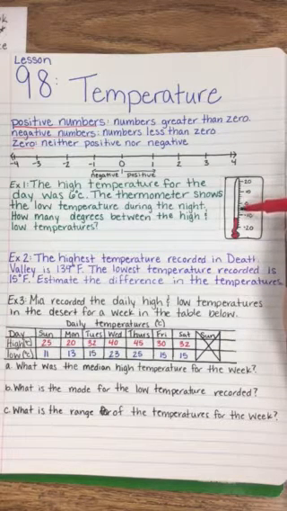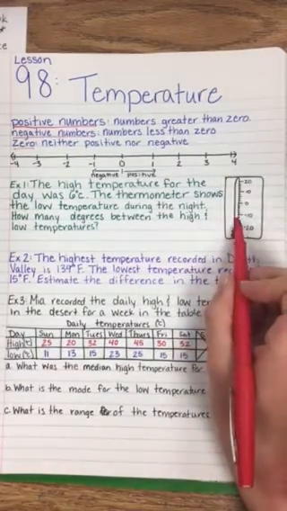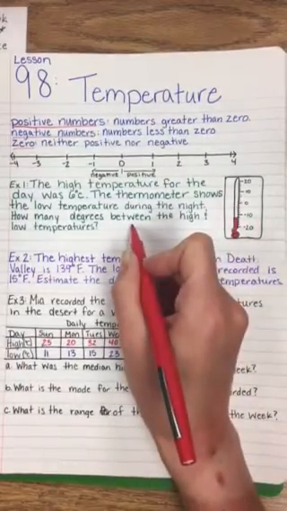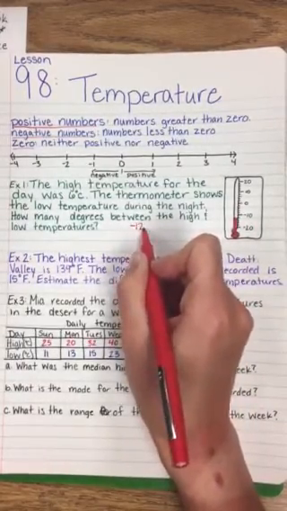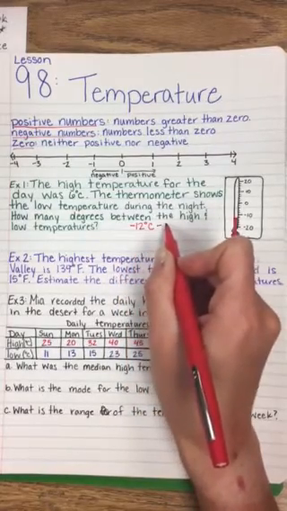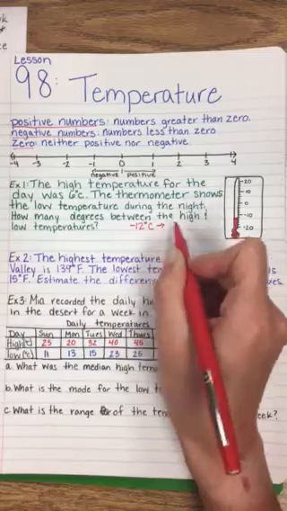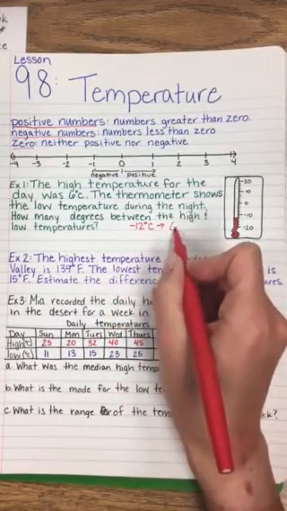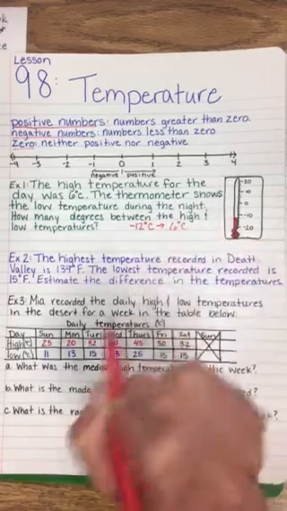The same with the negative numbers: negative 2, negative 4, negative 6, negative 8, negative 10, and then this last one would be that the temperature is negative 12. Okay, so you're going from negative 12 degrees Celsius all the way to, I'm writing this arrow so you don't think it's a negative, 6 degrees Celsius.